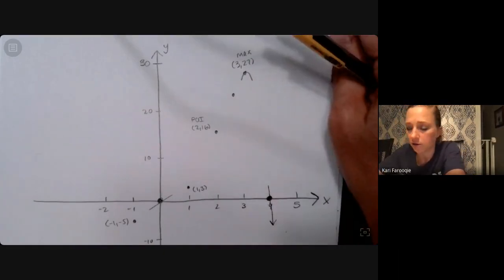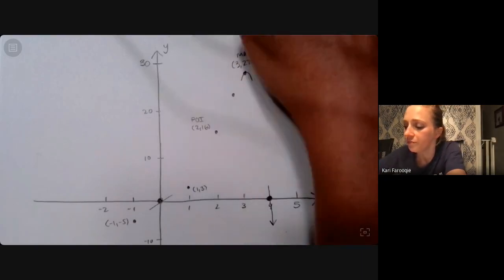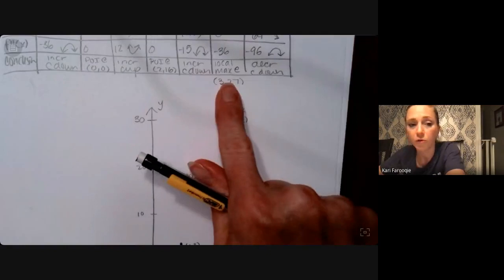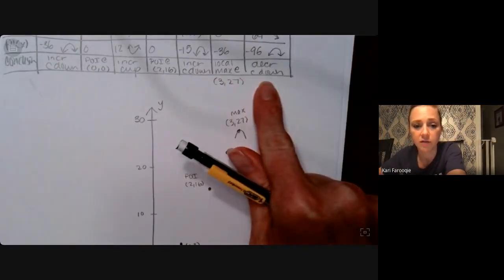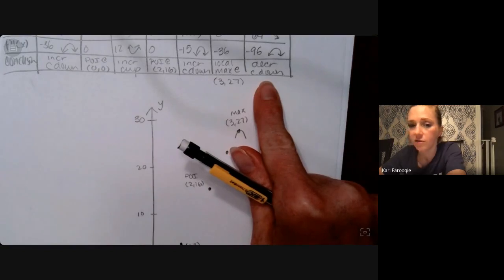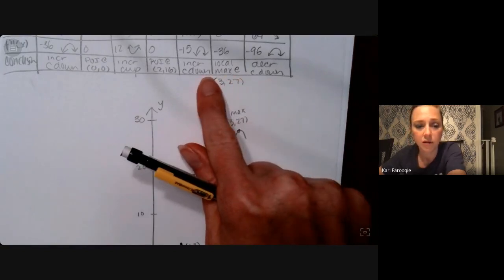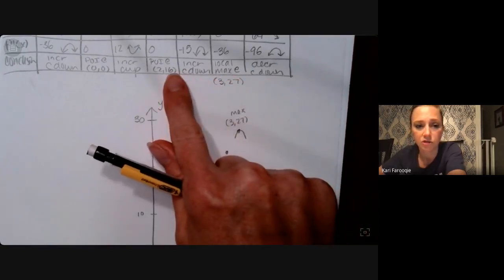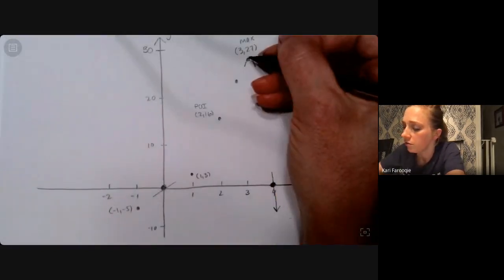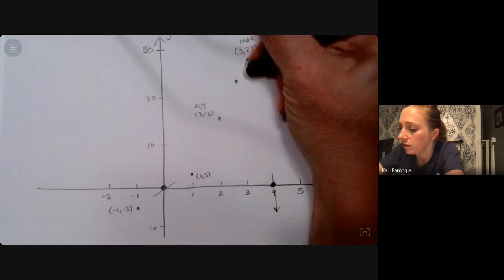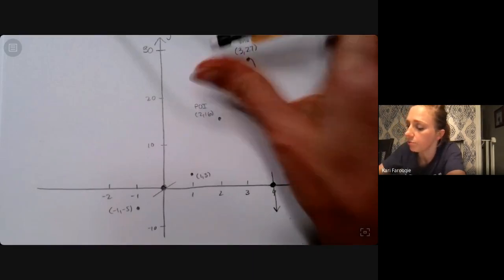Follow your concavity here. We know from our table, and I'm just going to start at the local max, that before I get to the local max, I'm concave down, and then on the other side of it, I'm also concave down. So I'm expecting to be concave down until I hit this point of inflection at 216. So if I'm going to be concave down, I need to make a frown, not a cup.